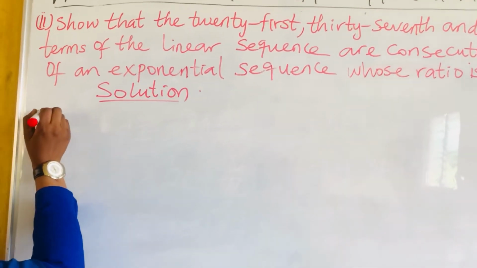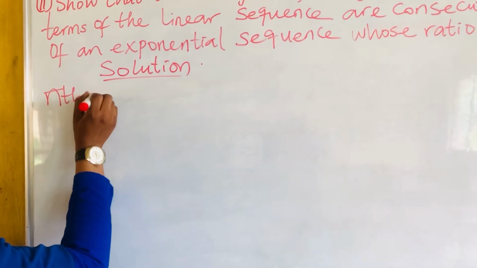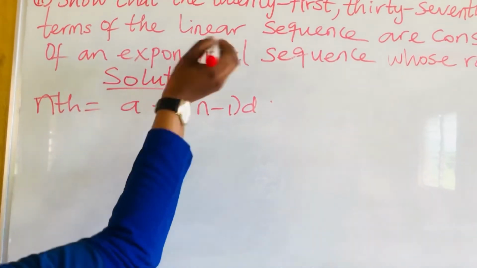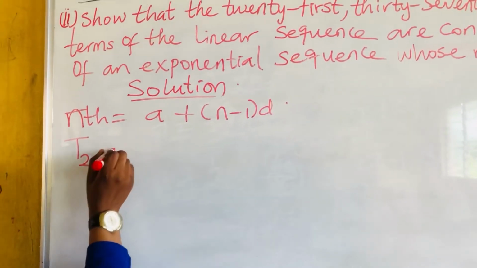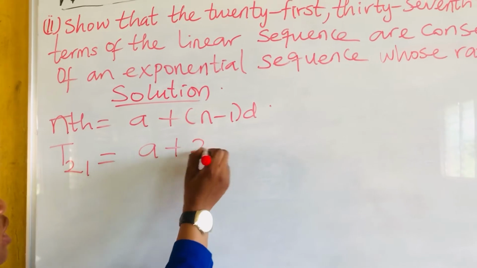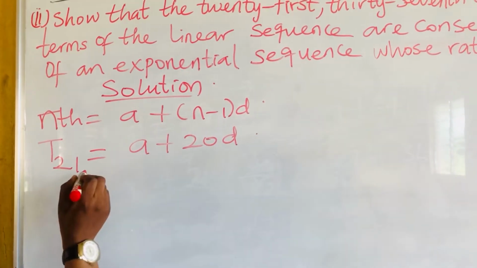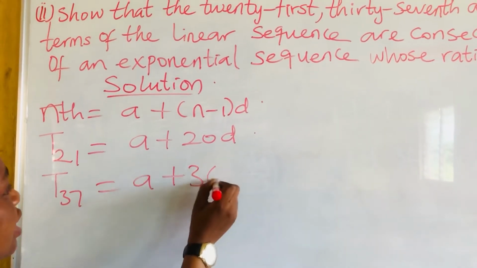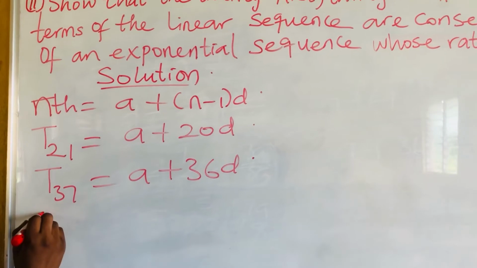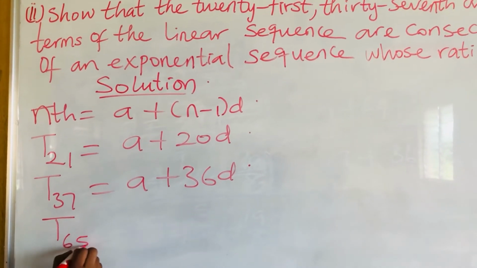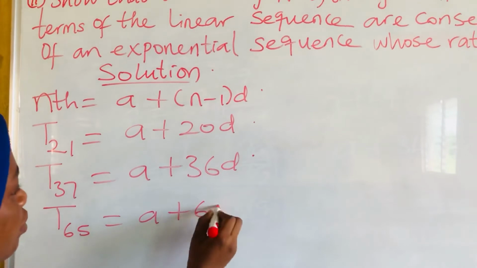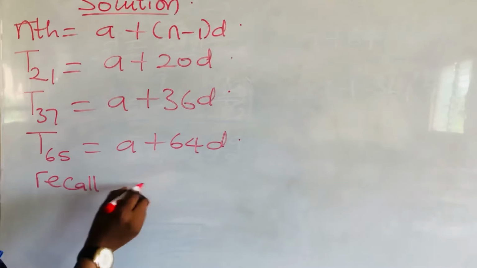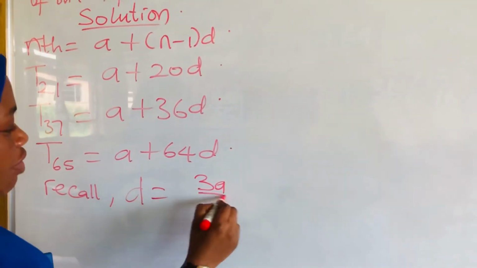For AP, the nth term is equal to a plus n minus 1 multiplied by d. So the 21st term will now be equal to a plus 20d, and the 37th term will be equal to a plus 36d, and the 65th term will be equal to a plus 64d. And recall that we have gotten d to be equal to 3a over 4.